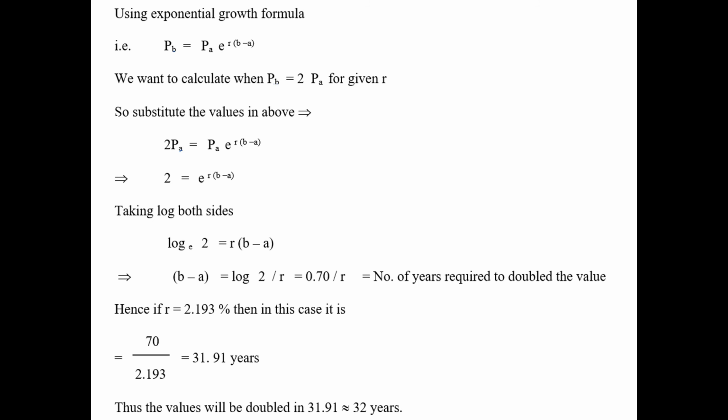Taking log on both sides, the number of years B minus A is equal to log 2 to the base e, 0.7, divided by R. So if R is equal to 2.193, in this case we require 31.91 years, approximately 32 years, to double the population.